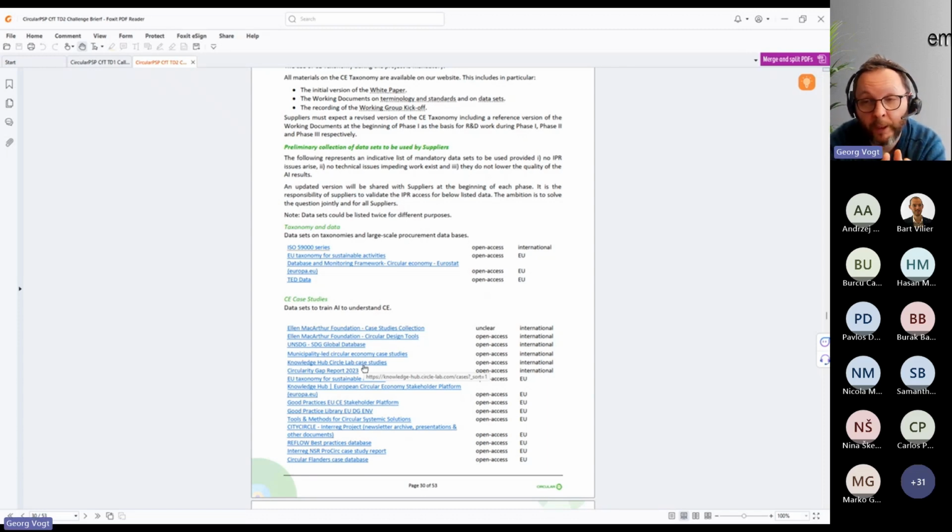We also describe another way, which is basically the tendering platforms. There have been tenders published, and they are also publicly available. And through finding what circular tenders they have been, you can also draw conclusions on the case studies and practices.